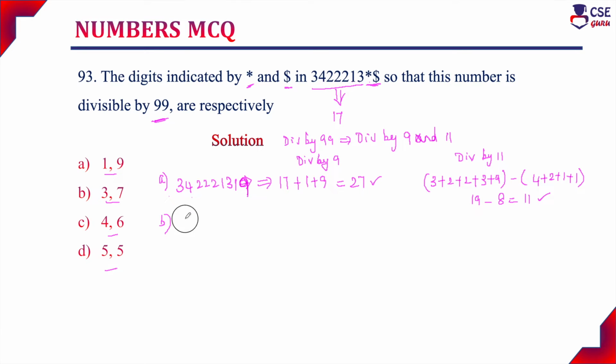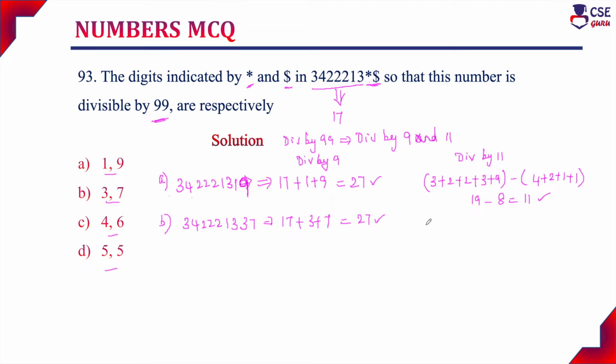So option B, if you are considering, this is 342213, and instead of star we will apply 3 and instead of dollar we will apply 7. Its total value was 17, star value was 3 and dollar value was 7. So it is also 27, as it is divisible by 9.